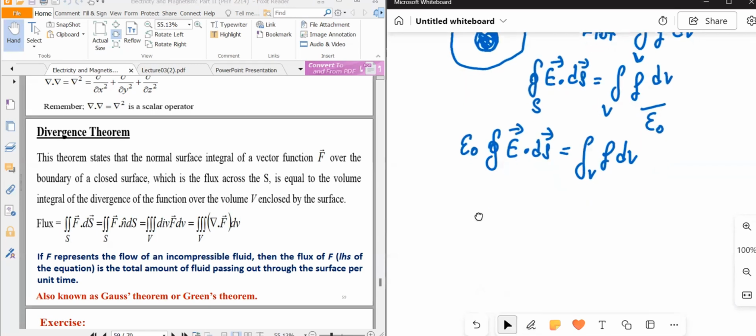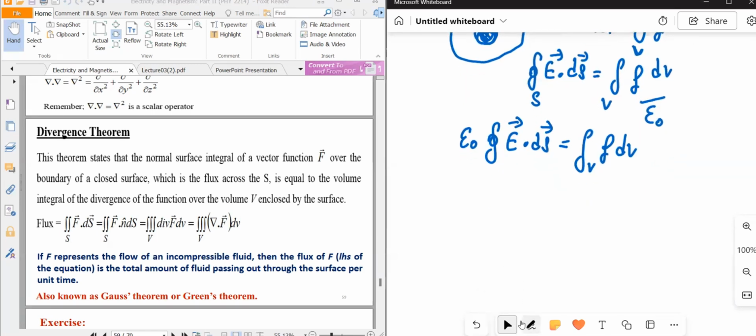So what this theorem states is, when we have a surface integral, if we just integrate once, I will consider the x-axis.